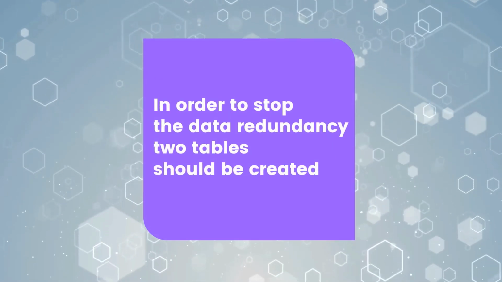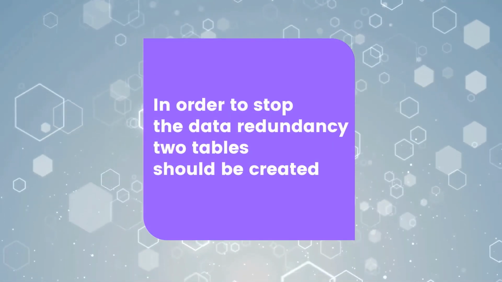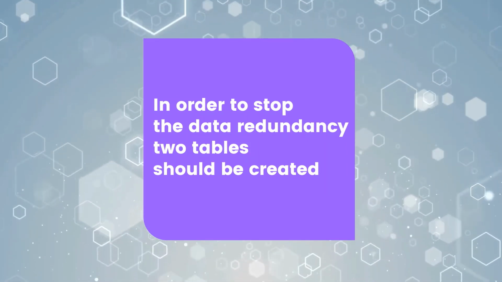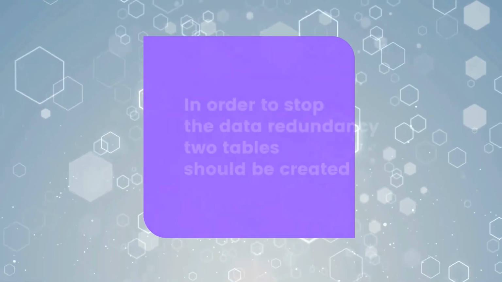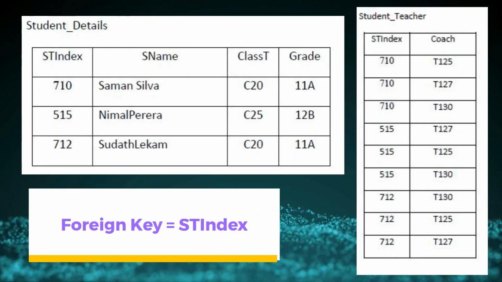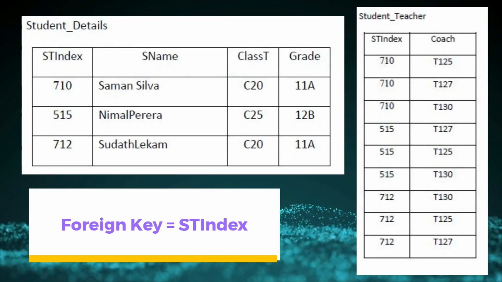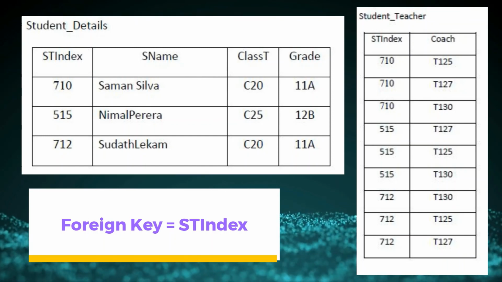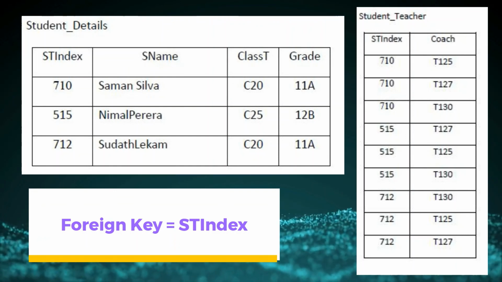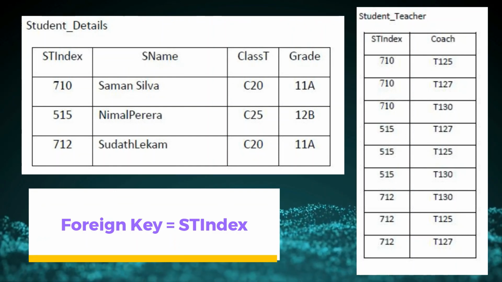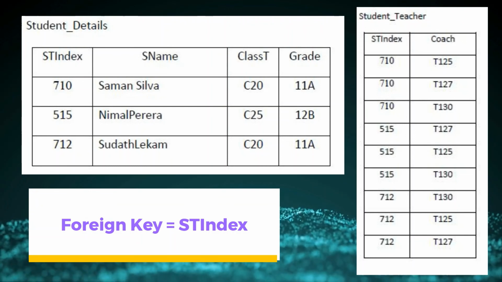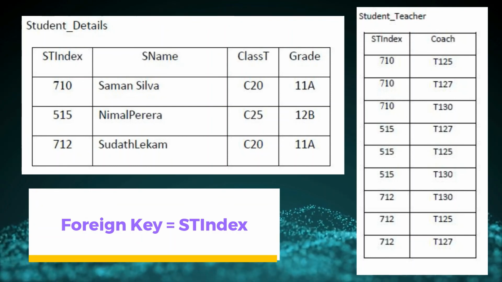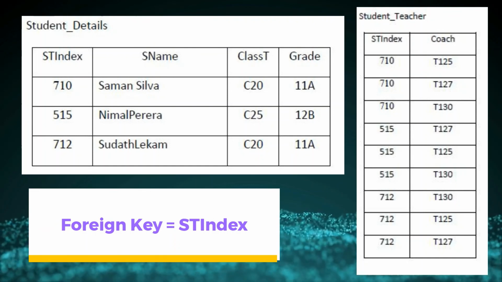Here, two tables should be created. Here you can see the newly created two tables called student details and student teacher to avoid the data redundancy. The foreign key of the particular tables equals ST index.